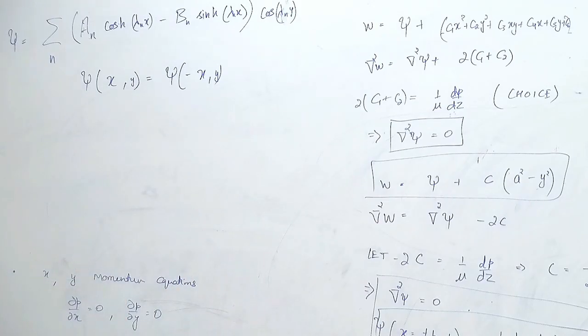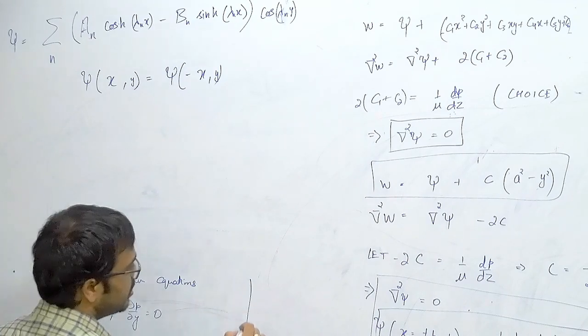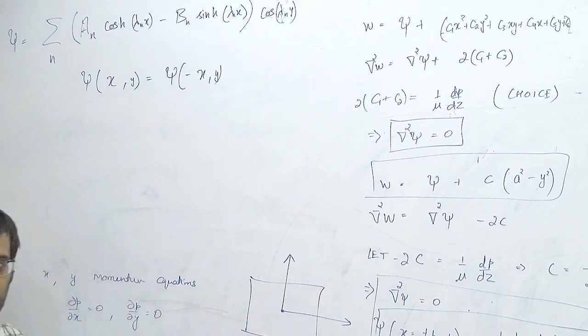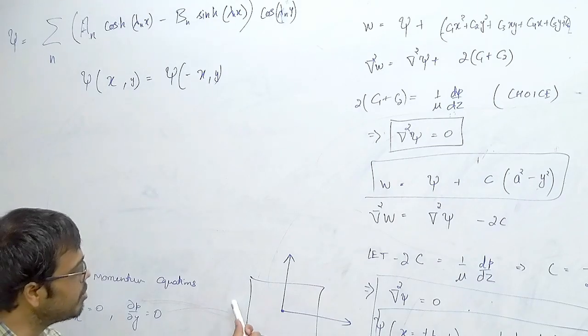Just because boundary conditions are symmetric, it is not automatically an even function. You can see the problem also physically. If this is your pipe and I rotate the pipe by 180 degrees, the flow should not change. So whatever solution you have for x, you should have it for minus x. The flow is symmetric about this origin.